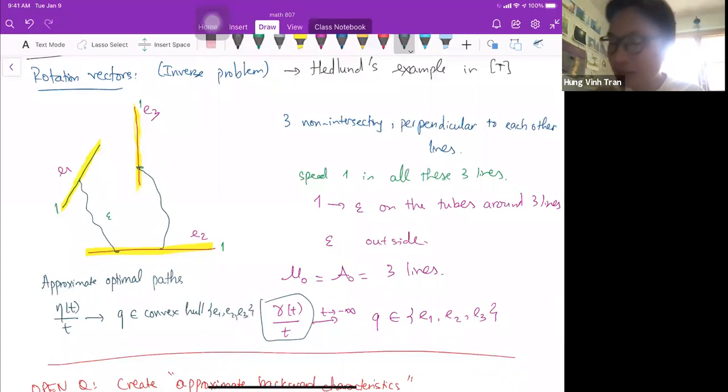In other words, the question shouldn't be about real geodesics, but about approximate geodesics. With approximate geodesics, you can probably obtain all possible rotation vectors. And in fact, in PDE, in a lot of problems, we only need approximate backward characteristics. So this is very vague, but I just want to throw it out to end the class.